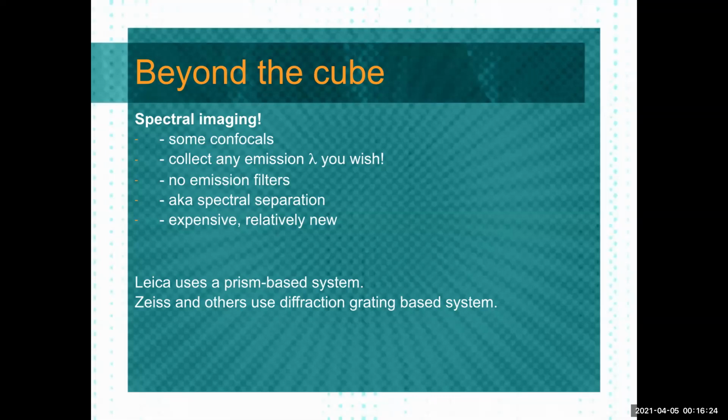Also, you can dial it down to 5 nanometers, which you can't do physically with actual glass. So I can say, I want to see everything from 550 to 555, and it can do that. And because it can do that, I can also say, okay, give me the picture from 555 to 560.